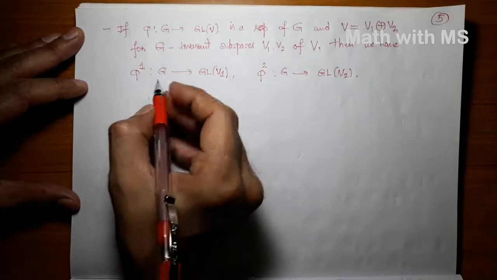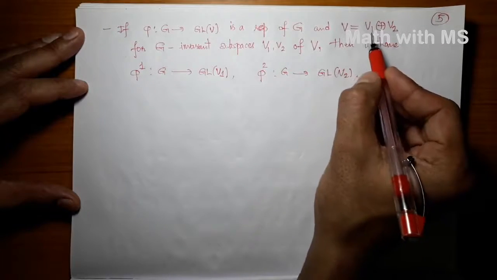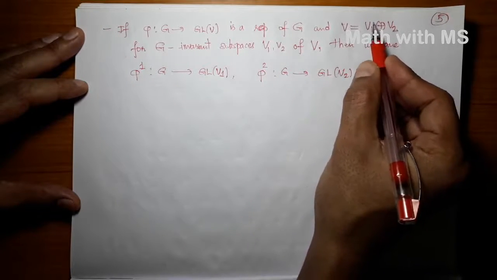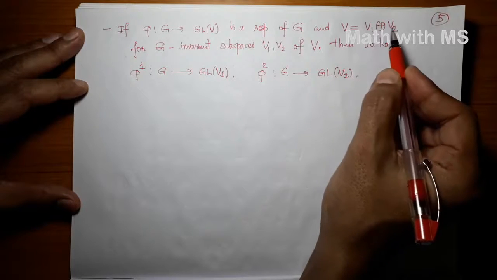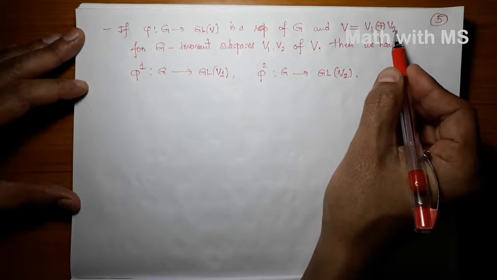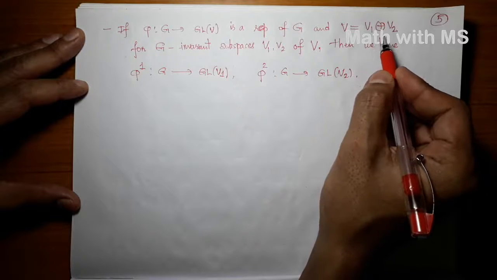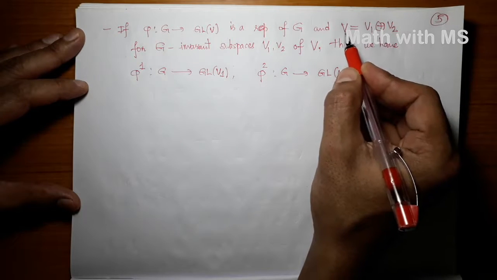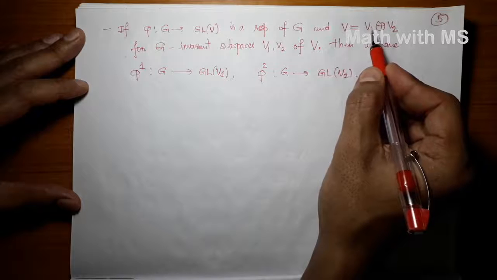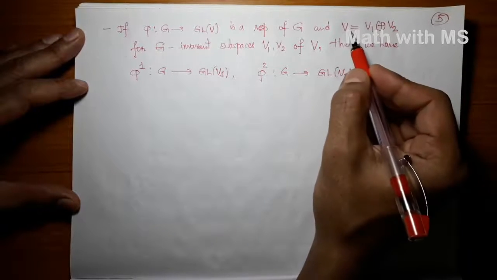Now you see that you can take a basis of the subspace V1 and a basis of the subspace V2, and since it's a direct sum, the union will form a basis of V. The dimension of V1 plus the dimension of V2 is the same as the dimension of V, right?